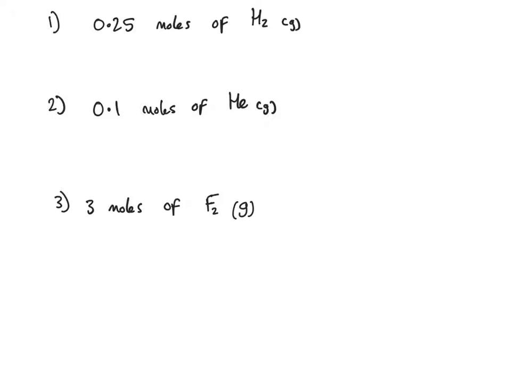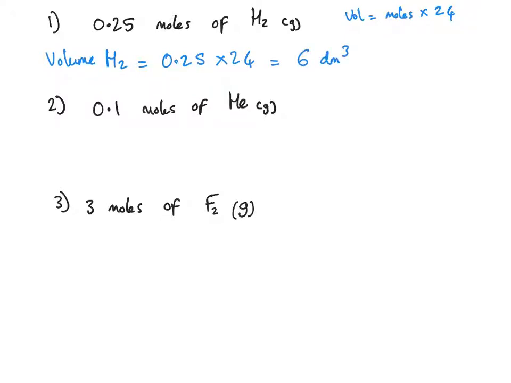So if I know my equation is volume equals moles times 24, these are all at standard room temperature and pressure. So the volume of hydrogen is 0.25 times 24, which equals 6 decimeters cubed.